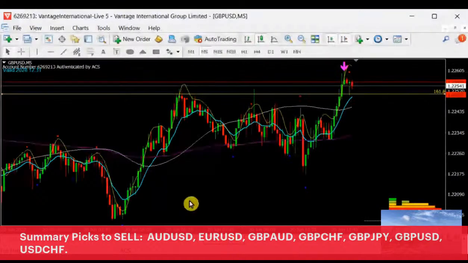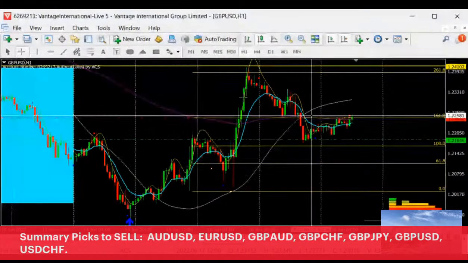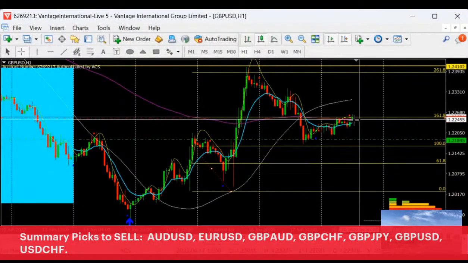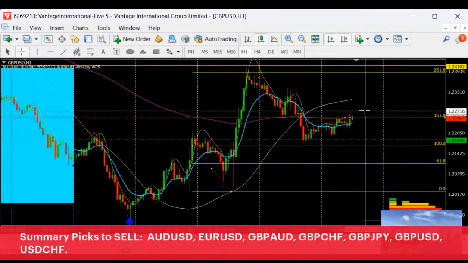If we look at pound dollar in H1 here, in the last trading day this part was actually the support and became the resistance, but it's now breaking through. So we need to wait for another hour. Why do I wait for another hour?